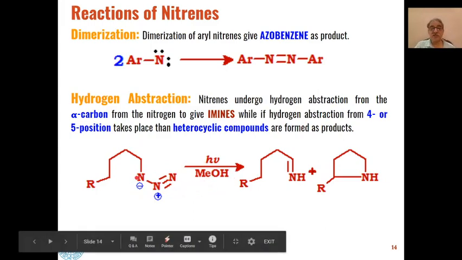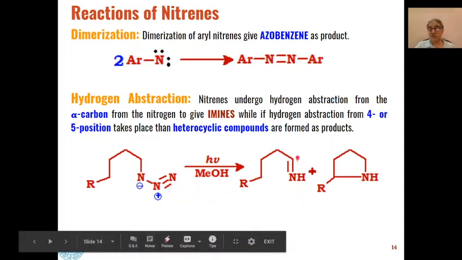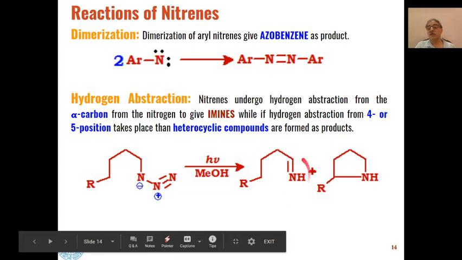Now when this nitrene is formed, hydrogen can be abstracted from this carbon. This carbon is the alpha carbon, right? If hydrogen is abstracted from here, this will create a carbon nitrogen double bond over here, and that hydrogen will be shifted to this nitrogen, and we will get this type of product, which we call amines, or Schiff's bases.